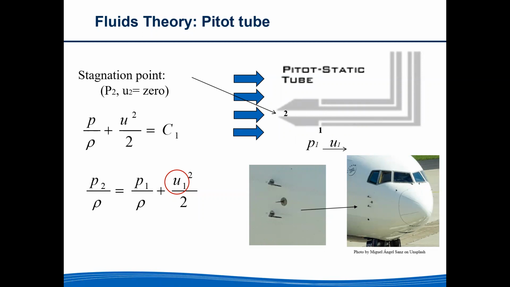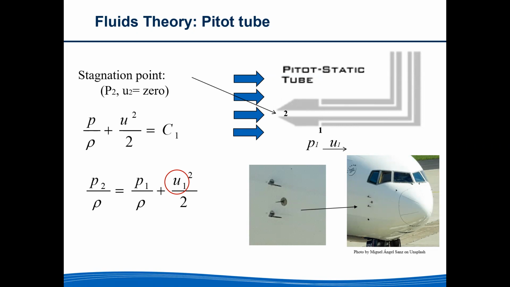While the aeroplane moves in the atmosphere, you have air hitting our pitot tubes frontwise. The speed of air at point 1 will be more or less the speed of the aeroplane, in relation to the atmosphere.